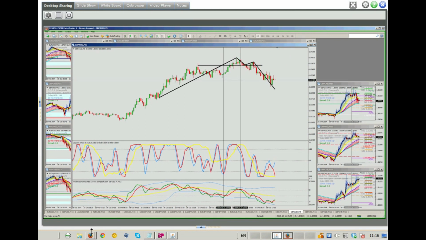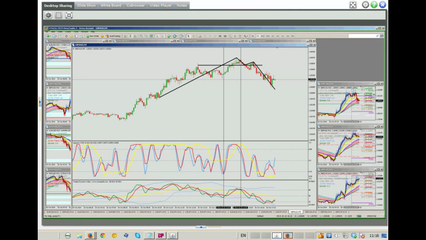This is the number one way that you will know. When you're drawing your formations after your second leg, you must have a pullback. 99.9% of the time, you must have a pullback before you enter on that fourth leg. If you don't have a pullback, don't even enter the trade. You're going to have a pullback some way, sometime, in some form or fashion within this third leg.